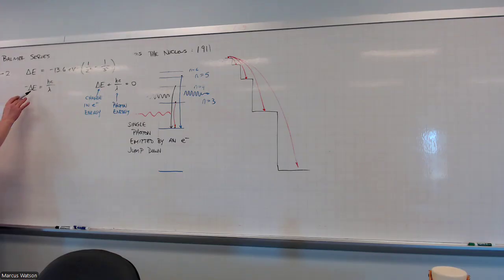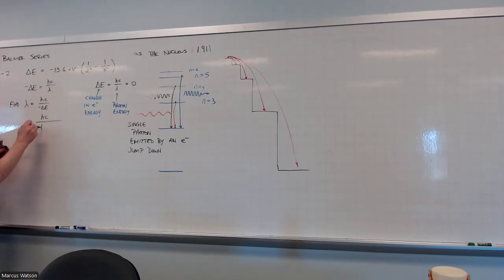Therefore, if I wanted to find lambda, let's find the wavelengths. I'm going to take hc and divide it over here, and then flip them over. So I'm going to get hc divided by the negative of the change in the energy. We're going to find it's hc divided by all of this stuff. When you do that calculation, what does it turn out to be?